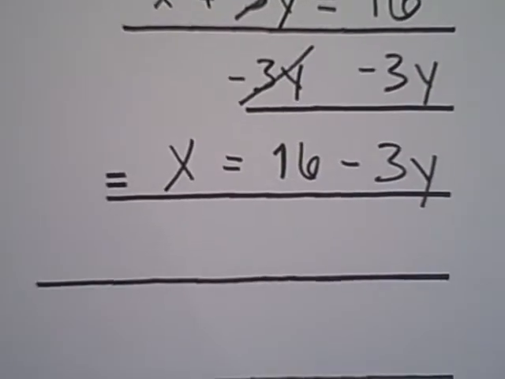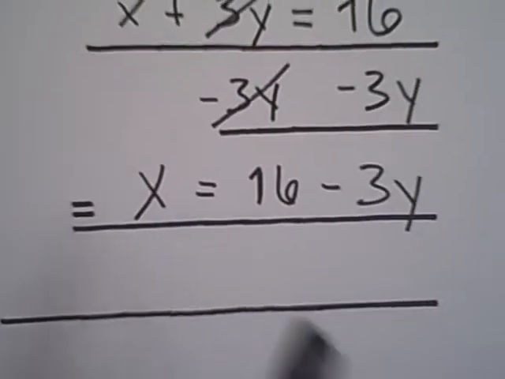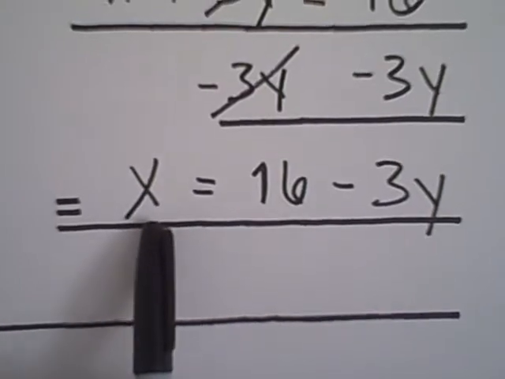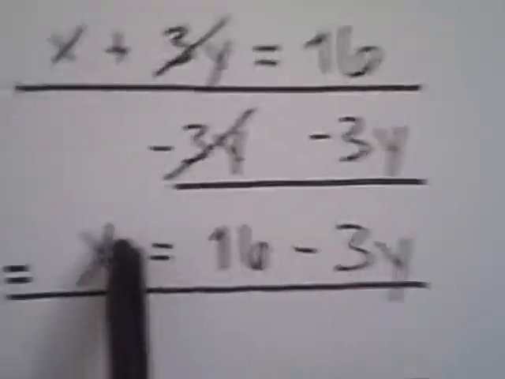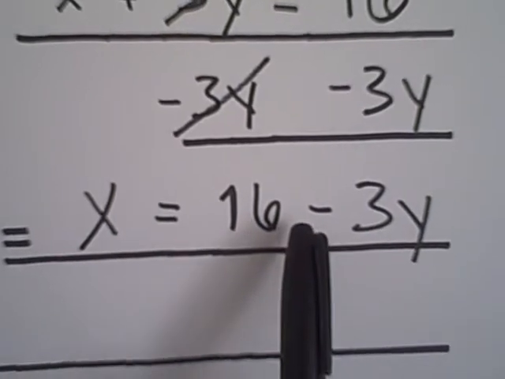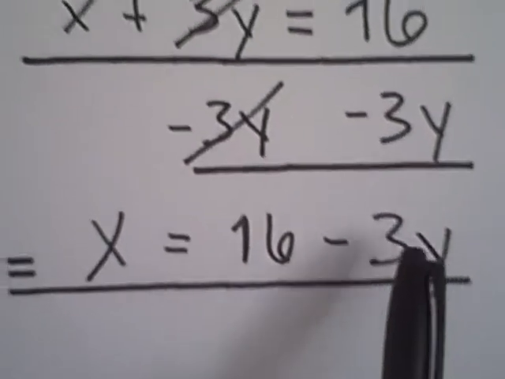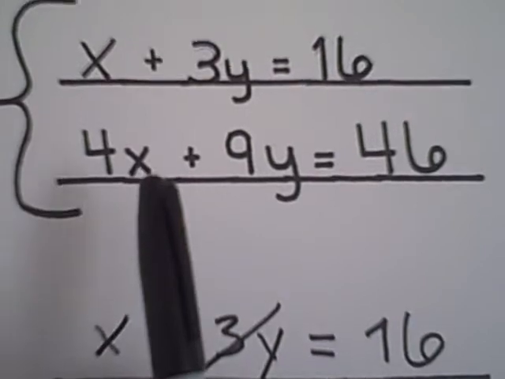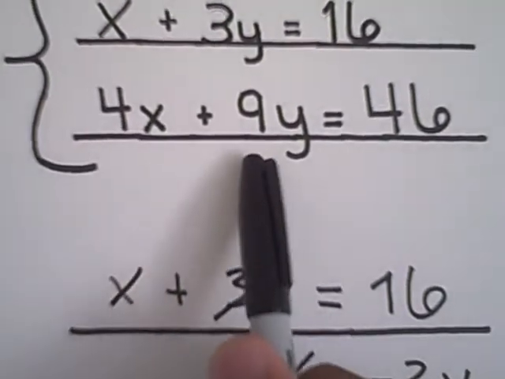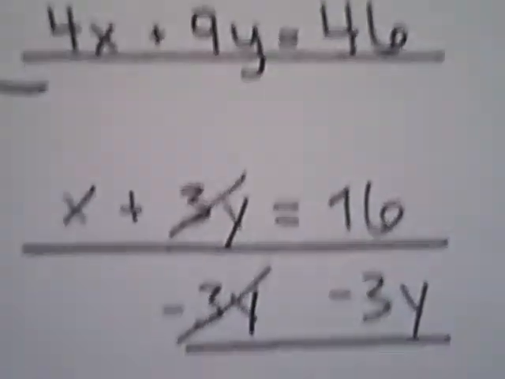So now that we've figured out what x equals, we'll have to plug in x, which is x equals 16 minus 3y, into our second equation, which is 4x plus 9y equals 46.